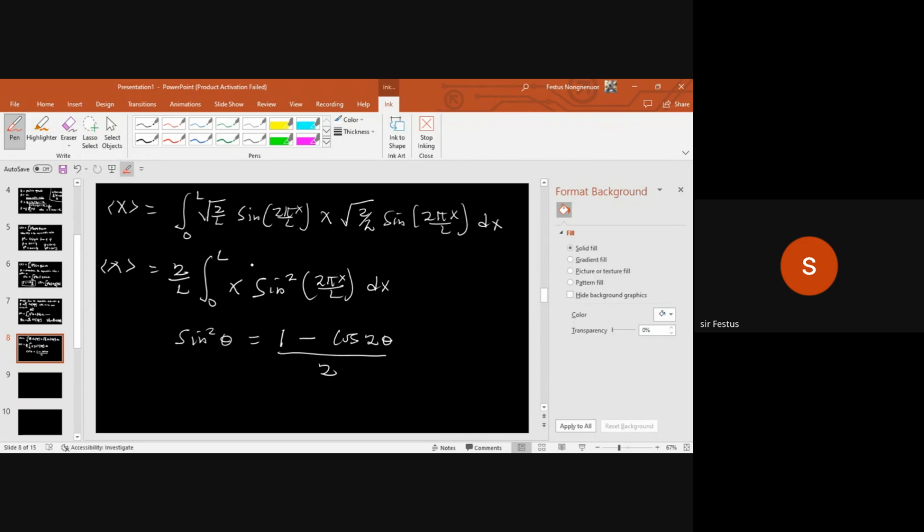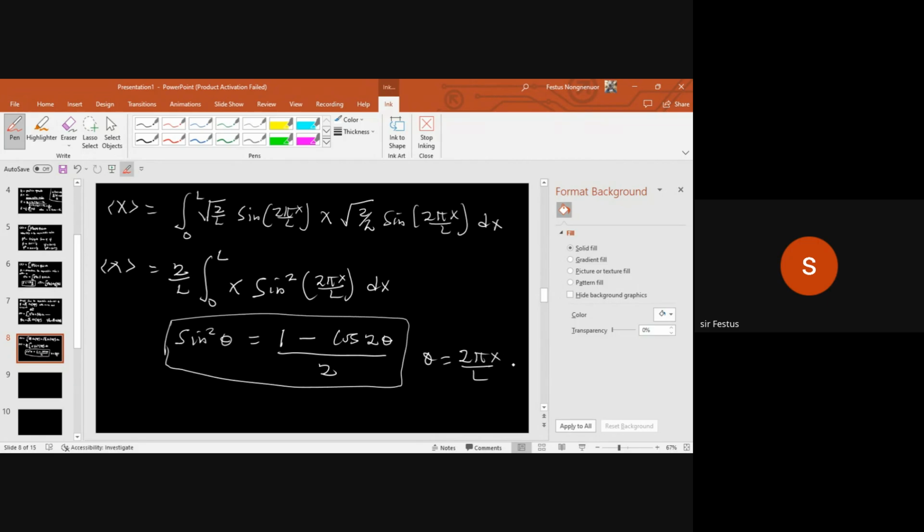In this case, our theta is defined as 2 pi x over L. So instead of using sine square of whatever we have, we will remove the sine square 2 pi x on L and substitute 1 minus cos of 2 multiplied by 2 pi x over L, divided by 2, and we do the integration. This is just an identity, and in our case, our theta here is nothing but 2 pi x over L.